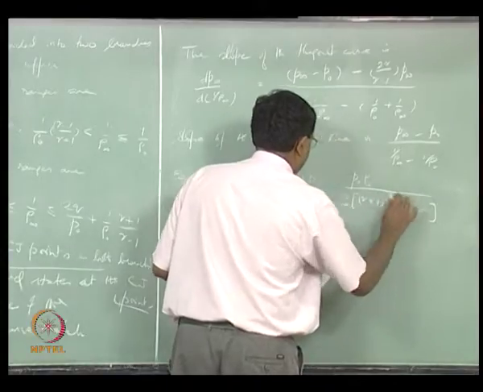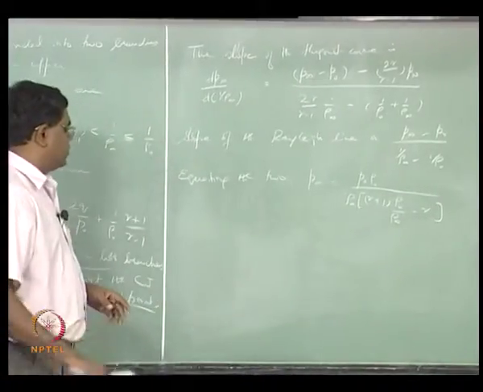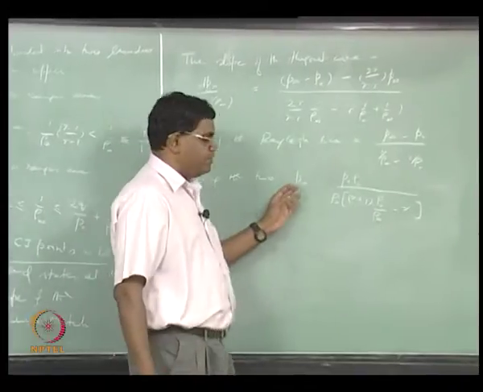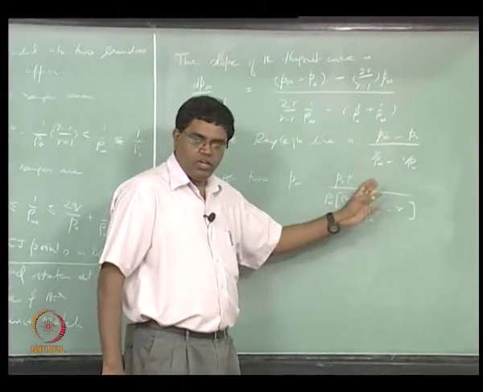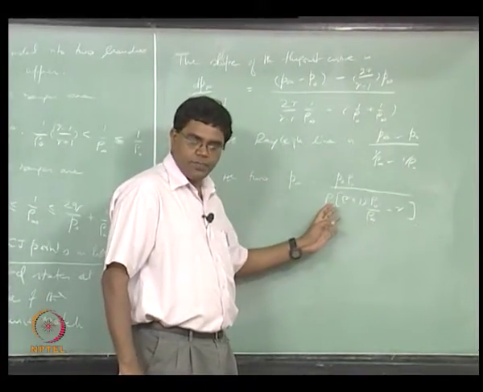So here what we have done is we have written an expression for p infinity in terms of the other three, p naught, rho naught and rho infinity, okay.